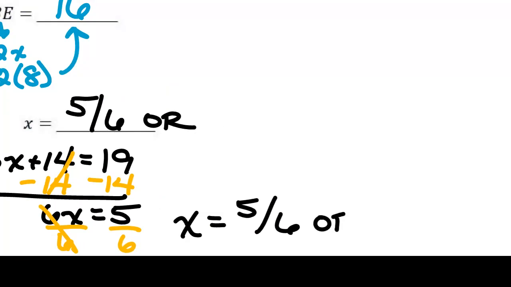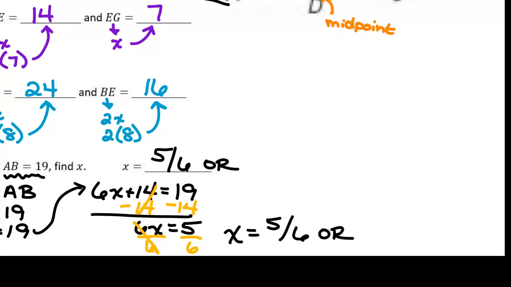Or you could change that into a decimal. What is 5 divided by 6? Somebody grab a calculator. Cell phone calculator is fine. What is 5 divided by 6? 0.83.